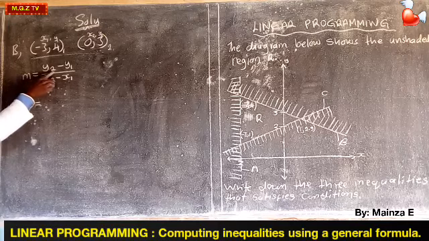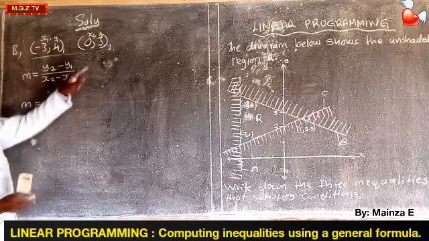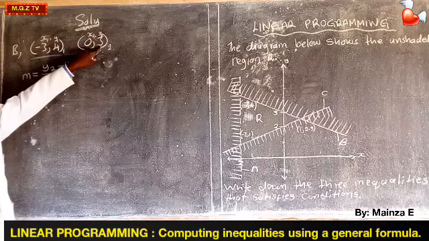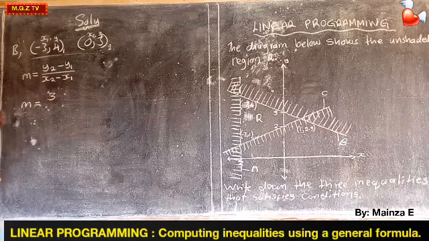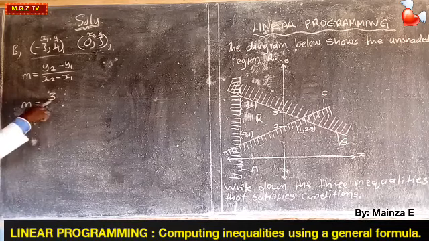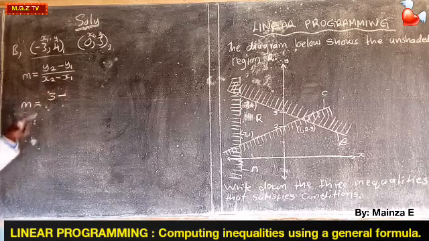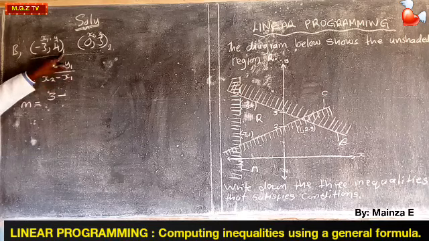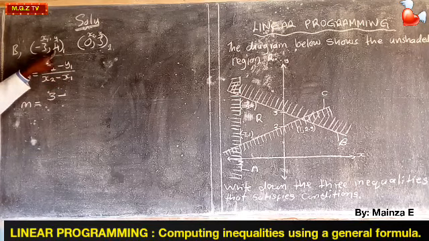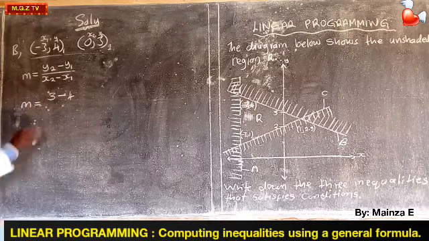Where there is y2, I'll go where it is 2, and under y2 I have a 3. So a 3 comes there. After writing a 3, I write minus. Then now I go for y1. Under the y, I have a 4. So here, it's a 4.